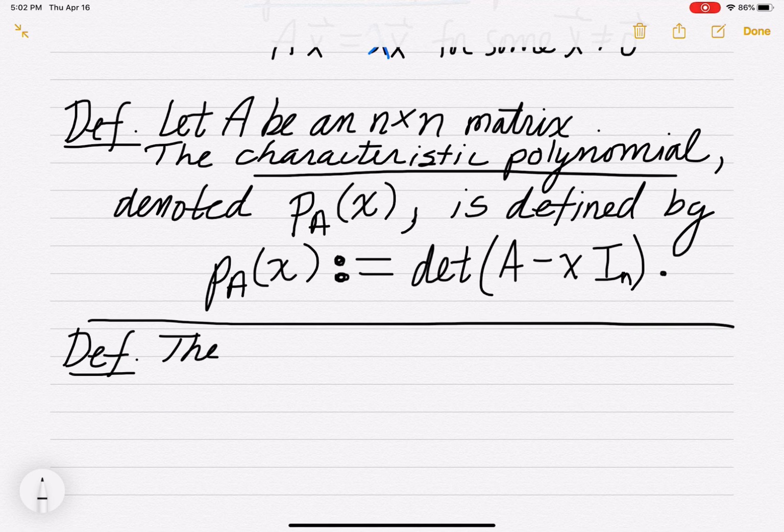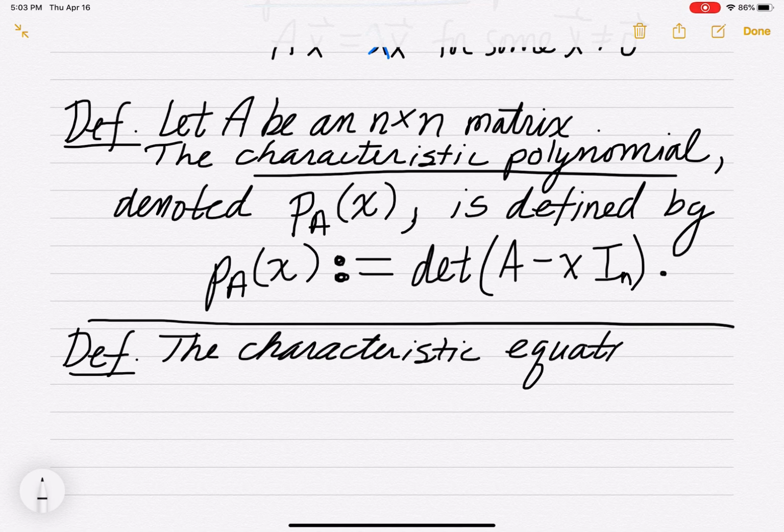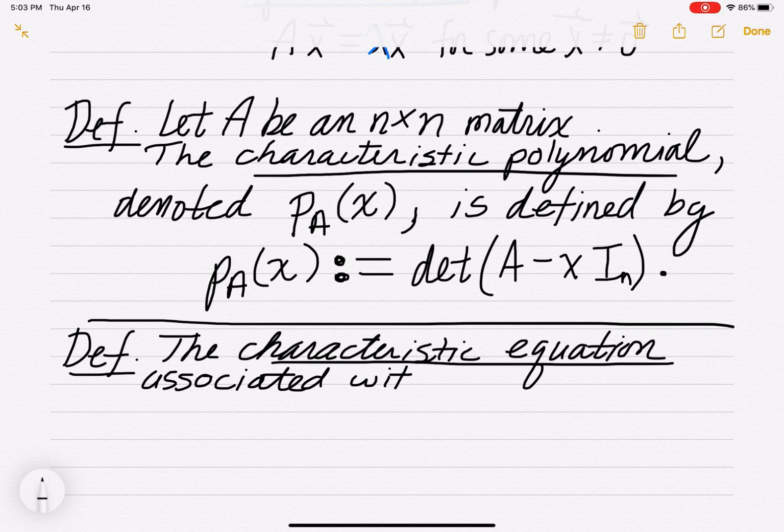The characteristic equation associated with an n by n matrix A is precisely the equation P sub A of x equal to 0.